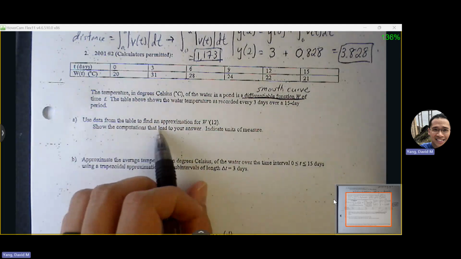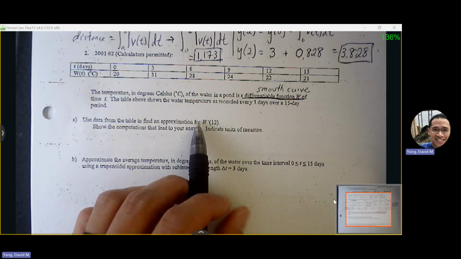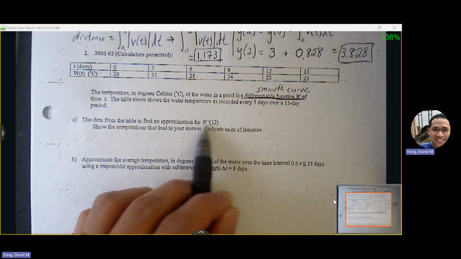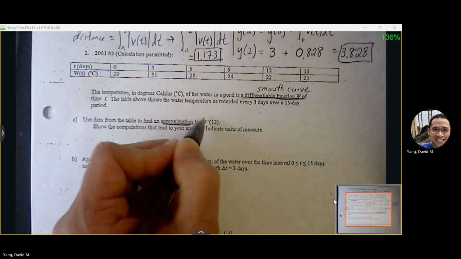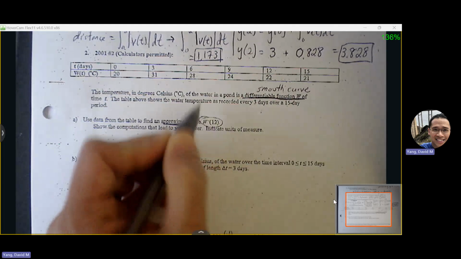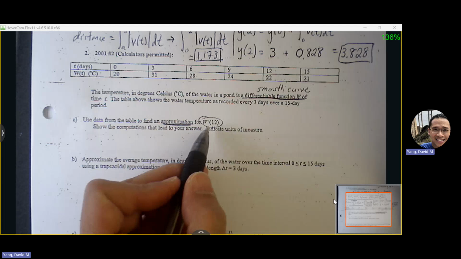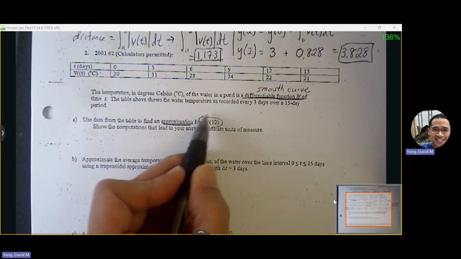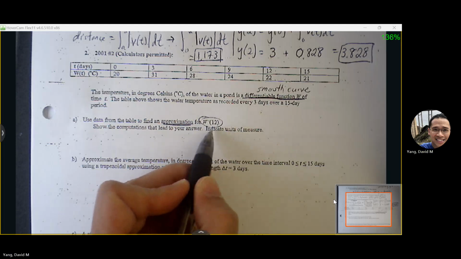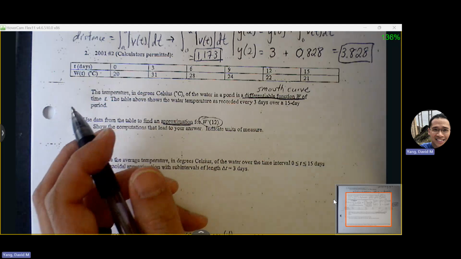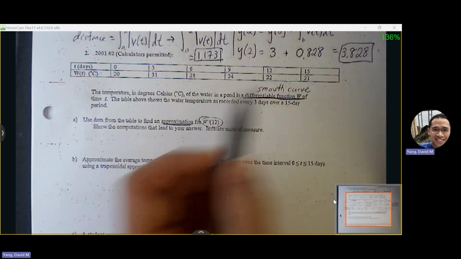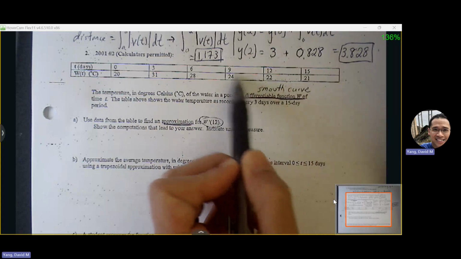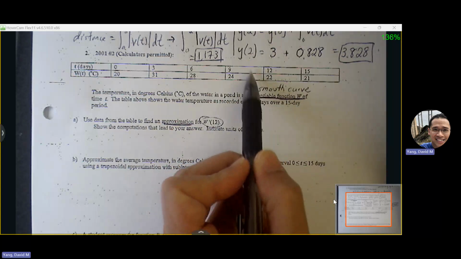Okay, use the data to find an approximation for W prime of 12. So if we want to find an approximation of W prime of 12, we know W prime is related to derivative. What's another word for derivative? Slope. Yeah. So how do we find slope given ordered pairs here? Find 2 points, right?